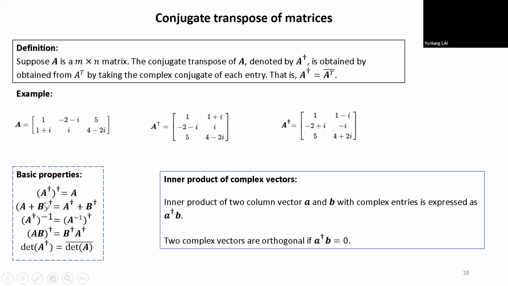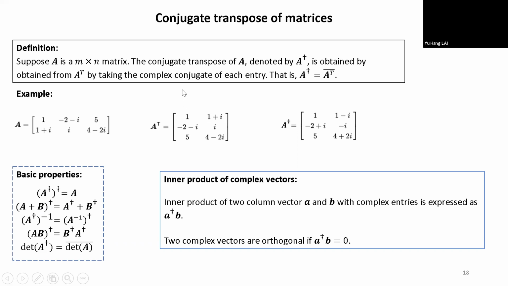Also, if you add two matrices together and take the conjugate transpose, it equals individually taking the conjugate transpose and then adding together. These basic properties are essentially the same as what you have seen for the basic properties of taking the transpose in real matrices.